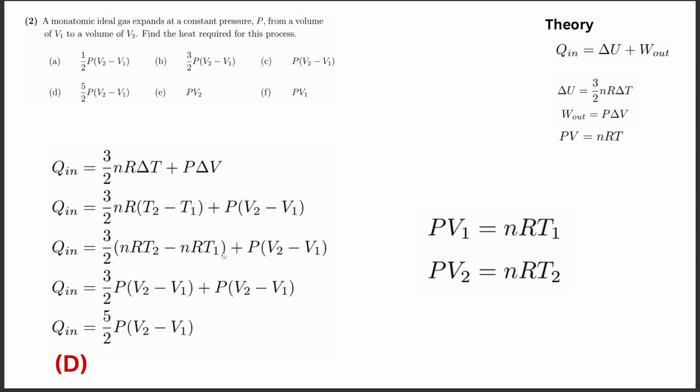So we can write nRT1 as PV1, and the same goes for the volume after the process. So P times V2 after the process is equal to nRT2. So we can write nRT2 as PV2. So we can write it like this, and we can just add both of these, that is 5 over 2, that is the answer D.